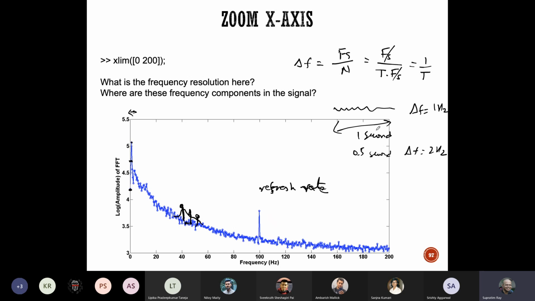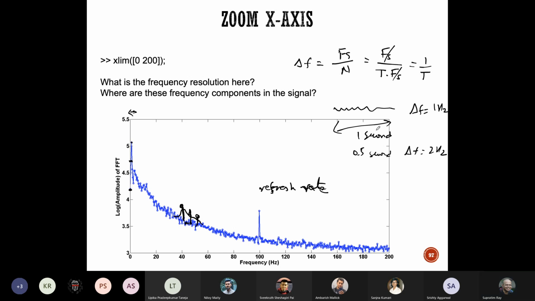If you only look at a signal for a very small duration, like 200 milliseconds, then your frequency resolution is going to be as large as 5 hertz. So you won't be able to tell apart a 7 hertz oscillation from an 8 hertz oscillation, because your frequency resolution is 5 hertz.